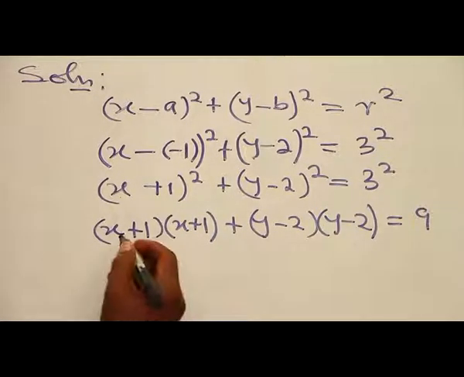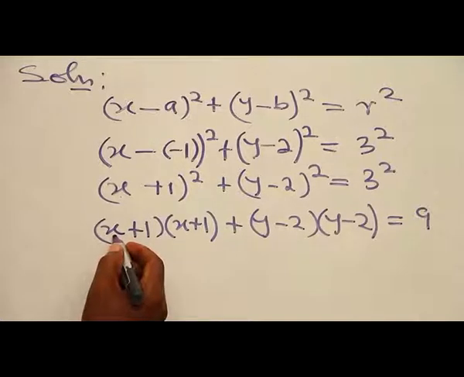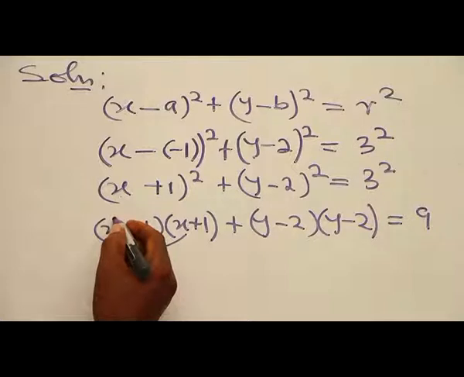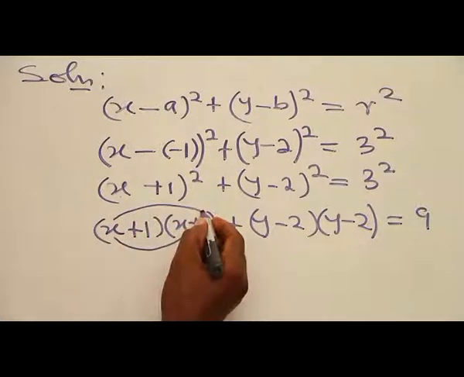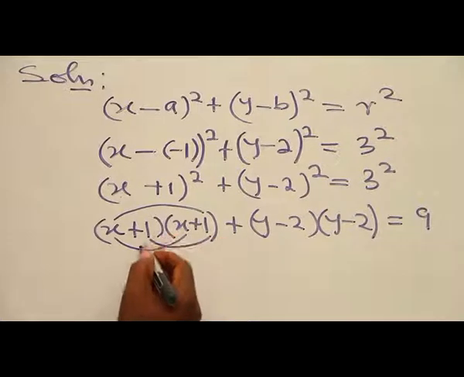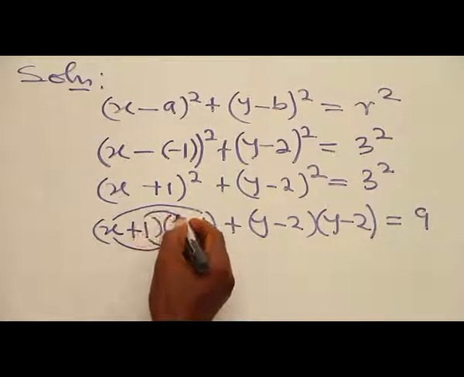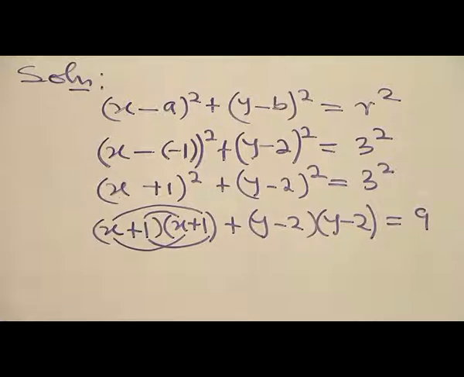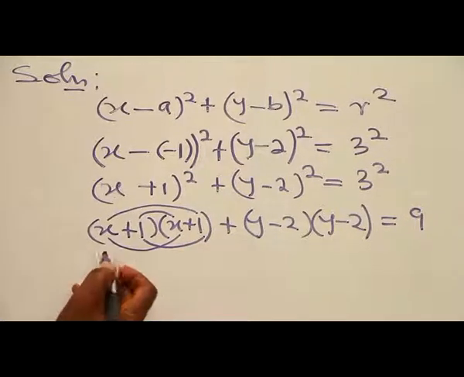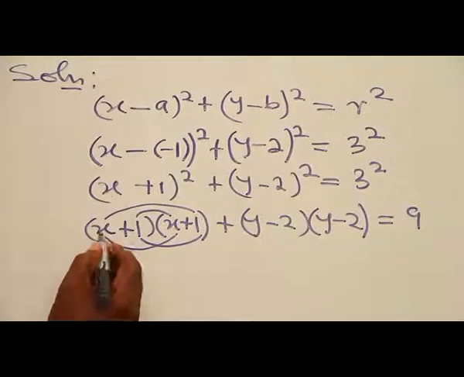Now remember the smiley face. Your x will multiply x, and your x will also multiply 1. And your 1 will multiply 1, and your 1 will also multiply x. This is a smiley face. Why is it a smiley face? Well, find that out.